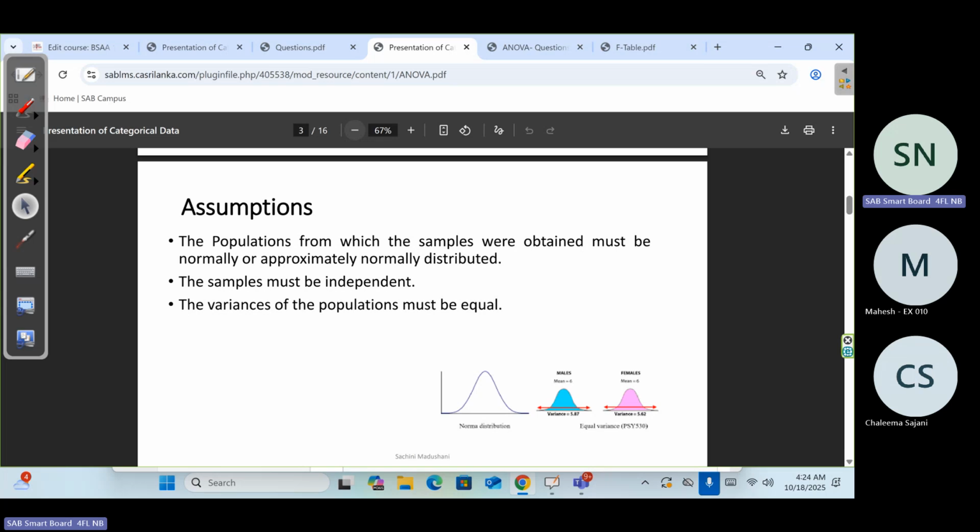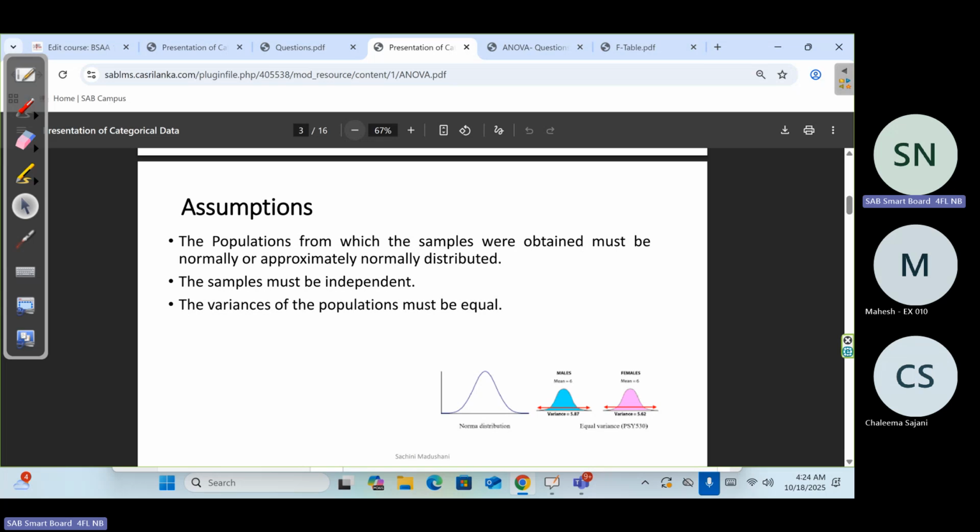Third one is the variances of the populations must be equal. We have 3 or more groups, and we assume all the population variances are equal.